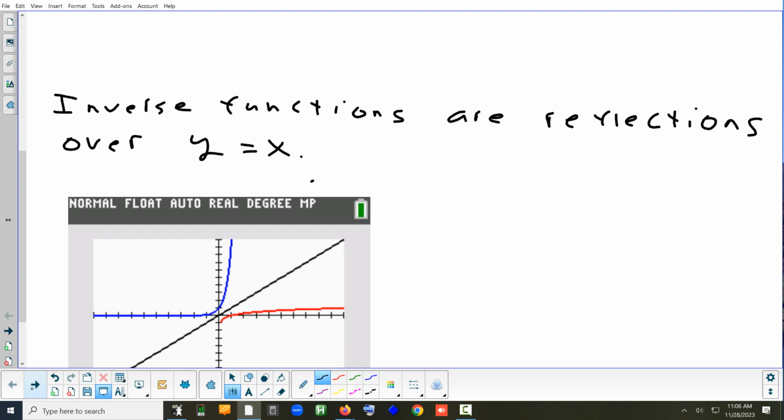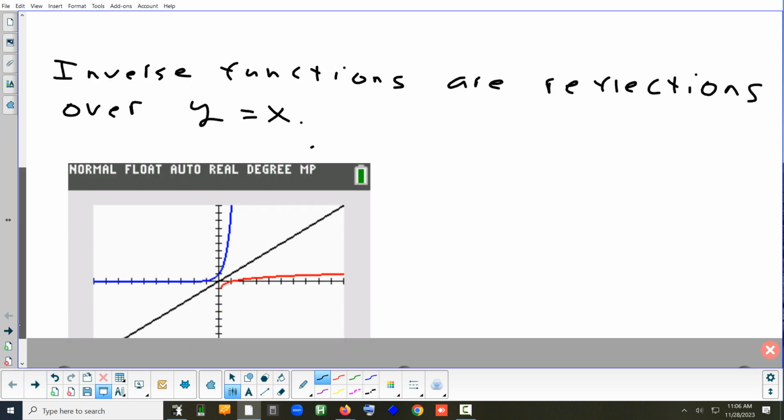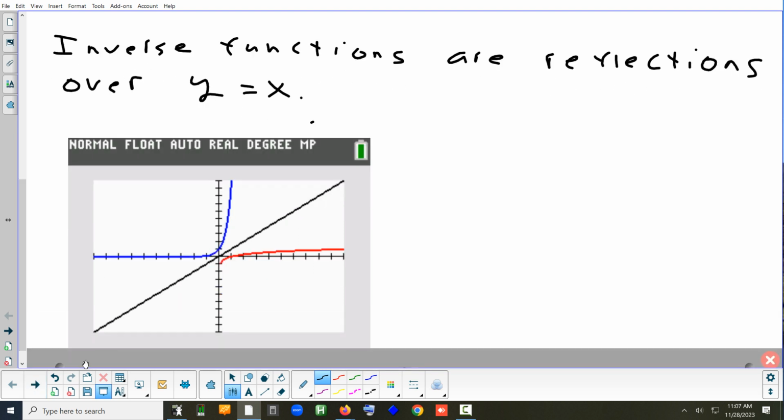And the other reason they are inverse functions of each other is because they look like mirror images. Now, the graph in blue, that's the exponential. The graph in red is the log. But that's not really how the log looks.